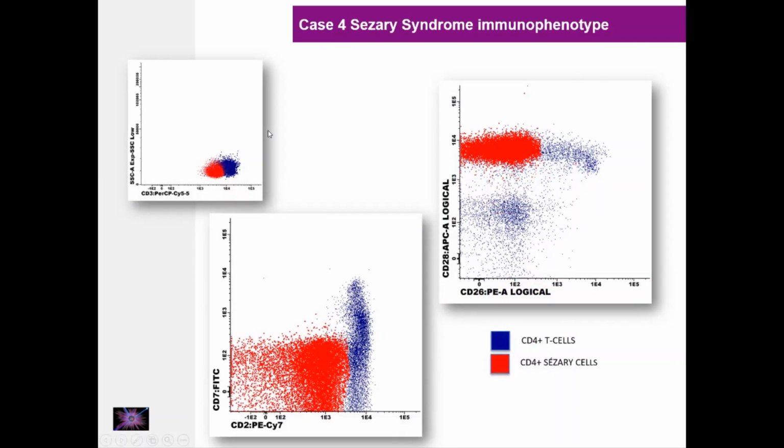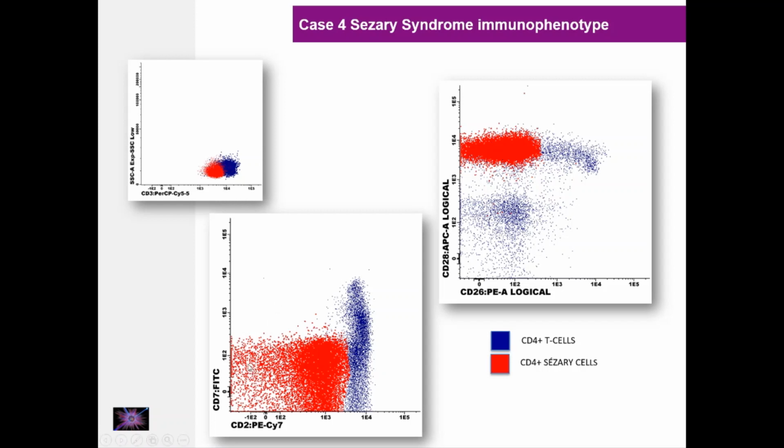And if we now move into the characterization of the membrane immunophenotype, we can see that these cells in fact express CD28, but they do not express CD26, which is again a very suggestive feature of Sézary syndrome.